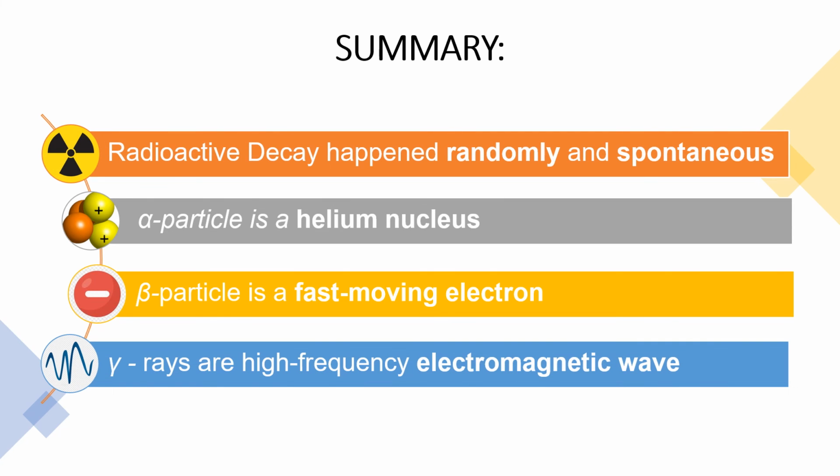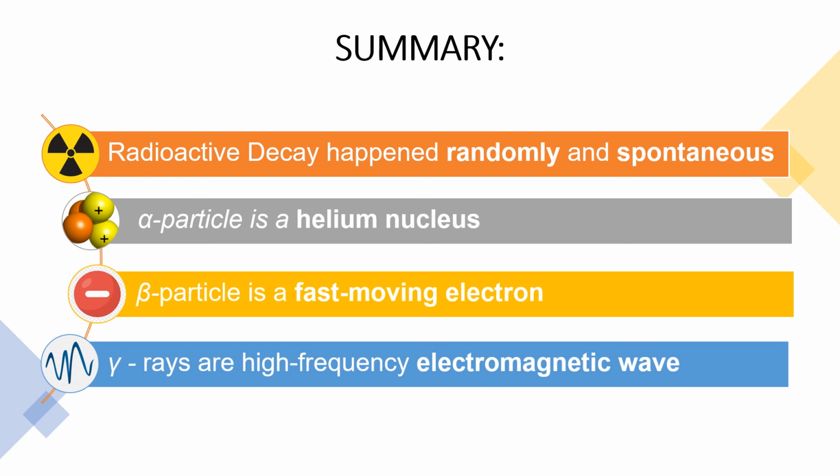So we have done our lesson. By now you should be able to explain alpha, beta and gamma equation with the example, right? I hope all of you can. Before we end our class, let us summarize what we have learned today. We have learned about radioactive decay, which happens randomly and spontaneously, which means this process cannot be controlled and we cannot predict what radiation it will emit. We have learned about alpha, beta and gamma.